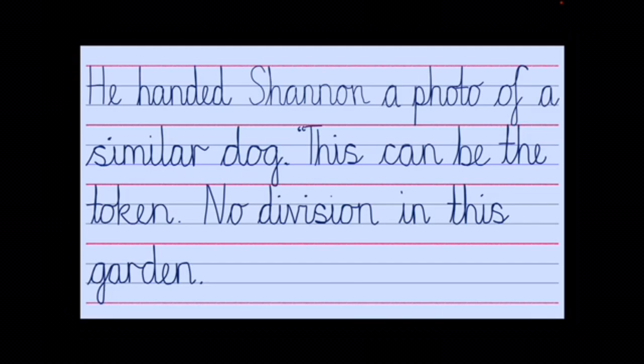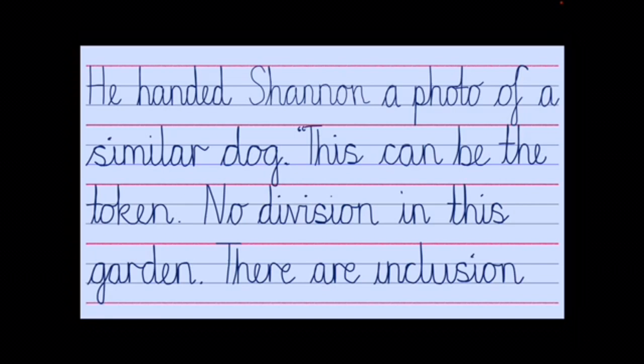Okay, so inclusion means they are included. There, we have the THERE spelling. There are inclusion. A U after the letter L can sound like oo. Inclusion rules.